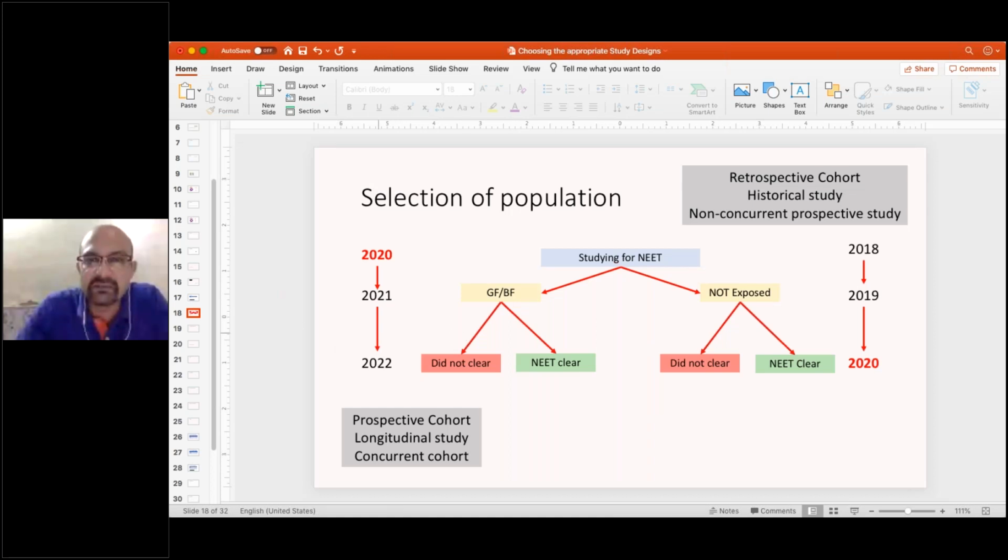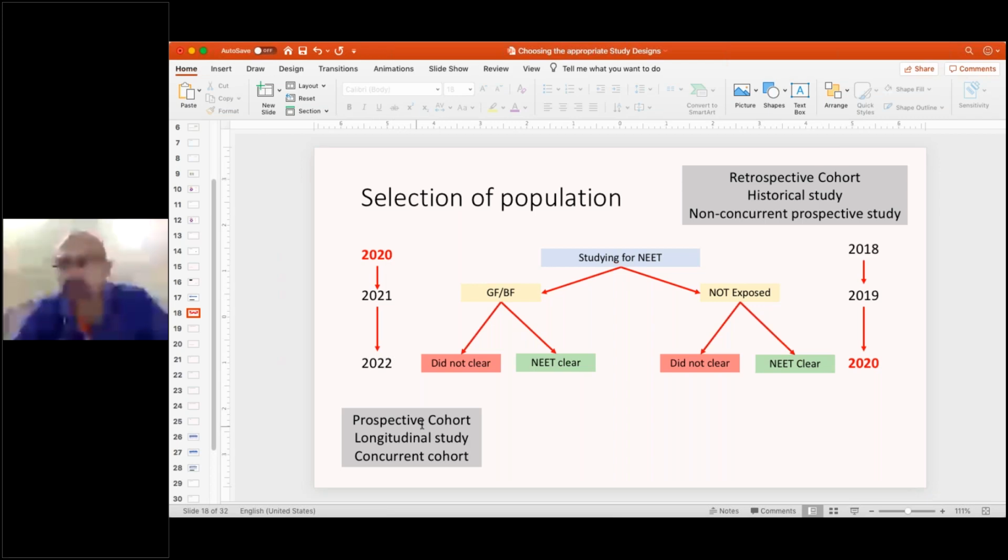In brief, if it's a study starting in 2020 and you follow it up till 2022, taking up a group of students who were studying for NEET, and the exposure we want to determine in 2021 is how many of them had a girlfriend or a boyfriend, to see if it is associated with your ability to clear NEET or not, and we get the answer in 2022, then that would be a cohort study in which we assembled our cohort in 2020, looked for exposure in 2021, and then the outcome of NEET clearance in 2022, which would become a prospective cohort study.